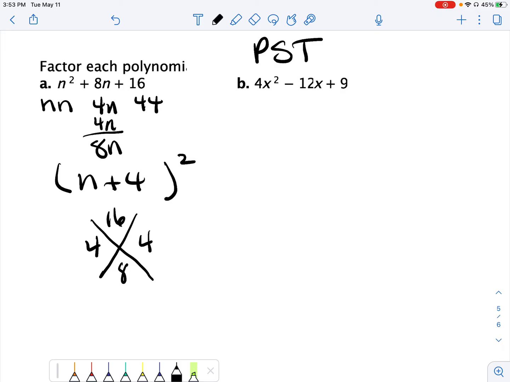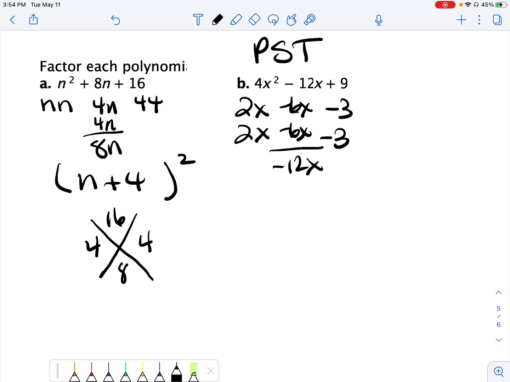So the square root of 4x squared is 2x times 2x. Look at the signs, negative and positive, so this is going to be negative 3 times negative 3. Well, when I multiply these two together, I get negative 6x. And when I times it by 2, I get negative 12x. So you see, that's the middle term. Now I can recognize it as 2x minus 3 quantity squared.